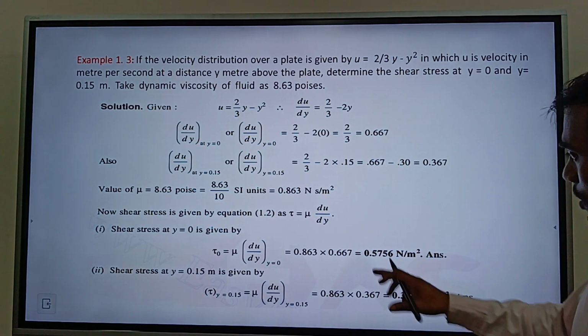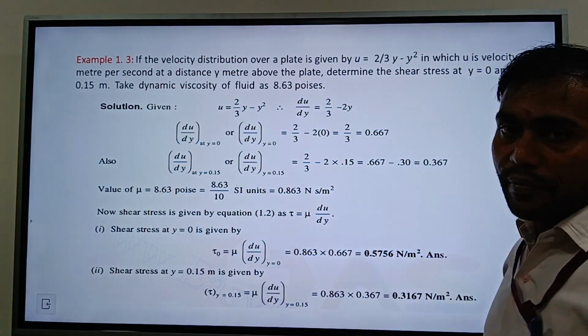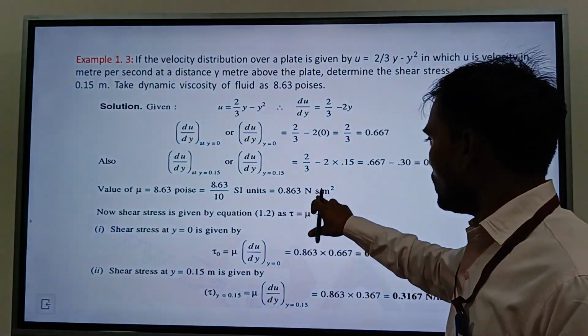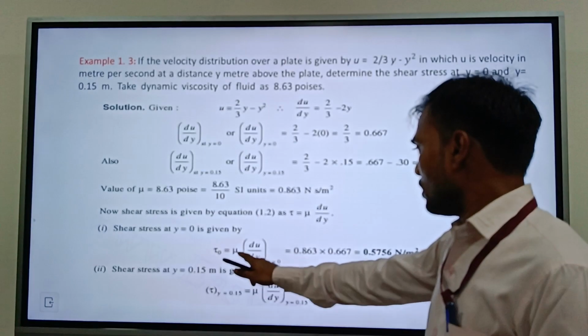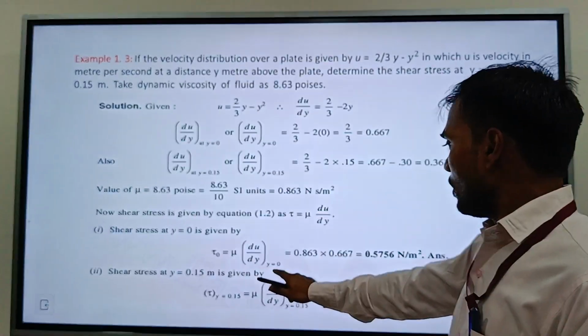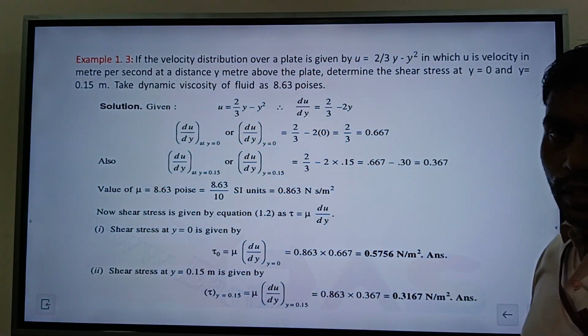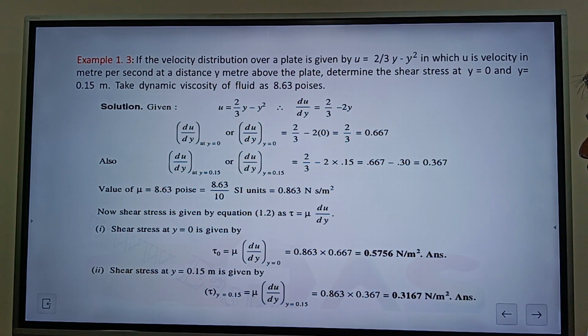We already have the value of du by dy at different positions, and mu is already calculated. Put these values, mu into du by dy at y equal to 0. It will give the shear stress at y equal to 0, which will be equal to 0.5756 Newton per meter square.